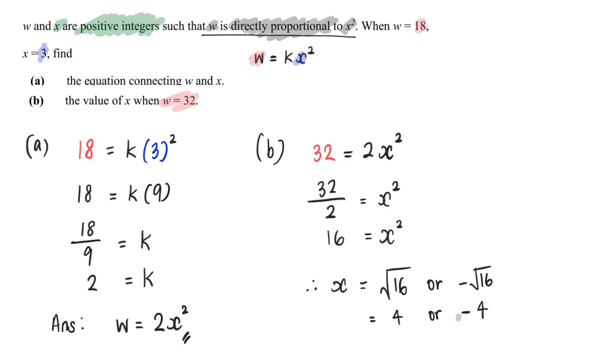This means that this negative 4, the answer is not applicable in this question. And therefore, the final answer, x will be equal to 4. Alright. So if they did not tell us that x is a positive integer, then we will have to accept negative 4 as one of the answers. Alright. Let's move on to the next question.